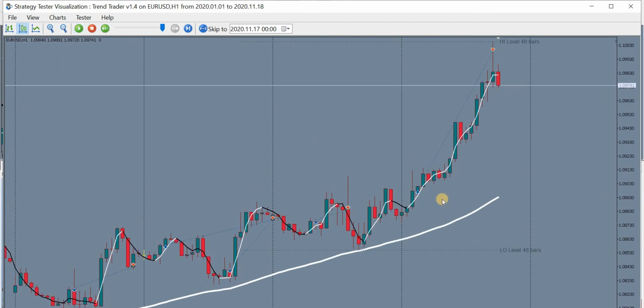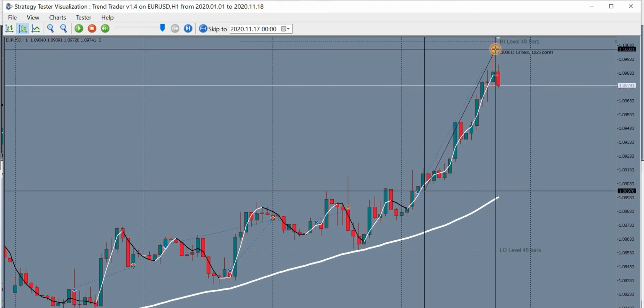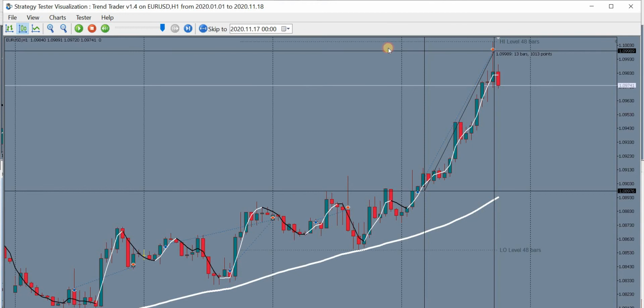And finally, we have a very good trade that closed at take profit, which is set to 100 pips.